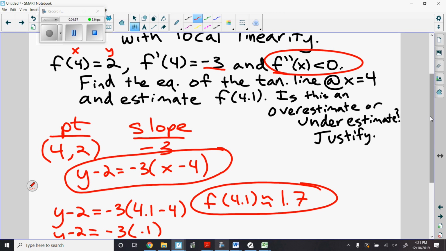Concavity will always tell us whether a tangent line approximation is too big or too small. So right there we see f double prime of x is less than 0. What you need to know, from definitions from previous units or previous standards, is that this means f is concave down. That's what that literally means.